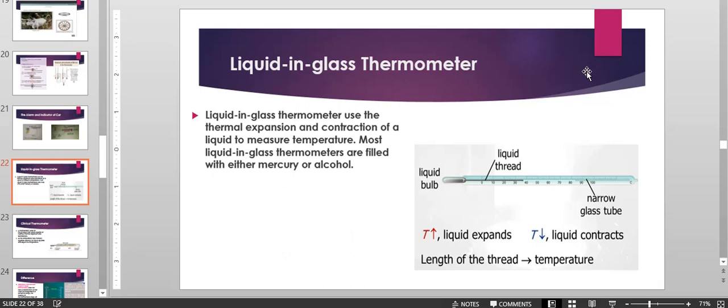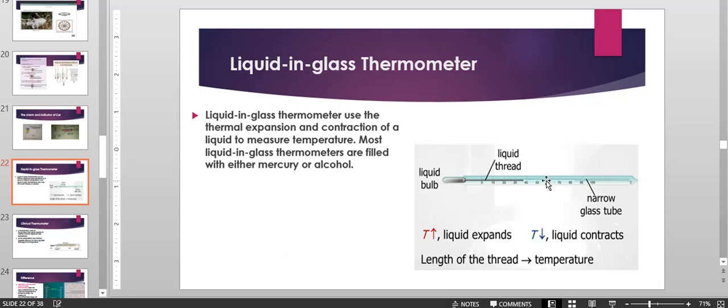As you can see in the picture here, this is the liquid and glass thermometer. This is the liquid bulb in which mercury or any other type of liquid, for example alcohol, glycerine, etc., is filled. This is the liquid thread, which indicates the temperature increase or decrease.